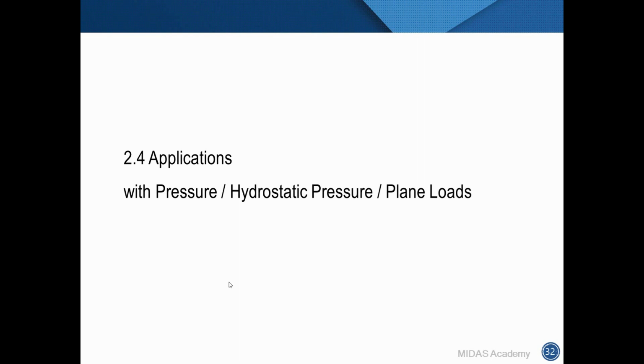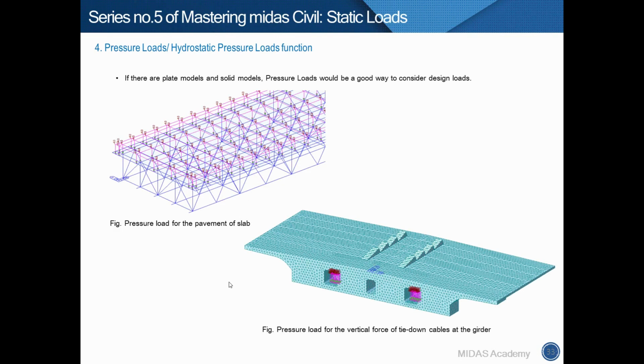And these are the last application models. They are regarding the pressure, hydrostatic, and plane load functions. These example models consist of plate elements and solid elements. The pressure loads are used to consider the weight of pavements, barriers, and additional attachments.